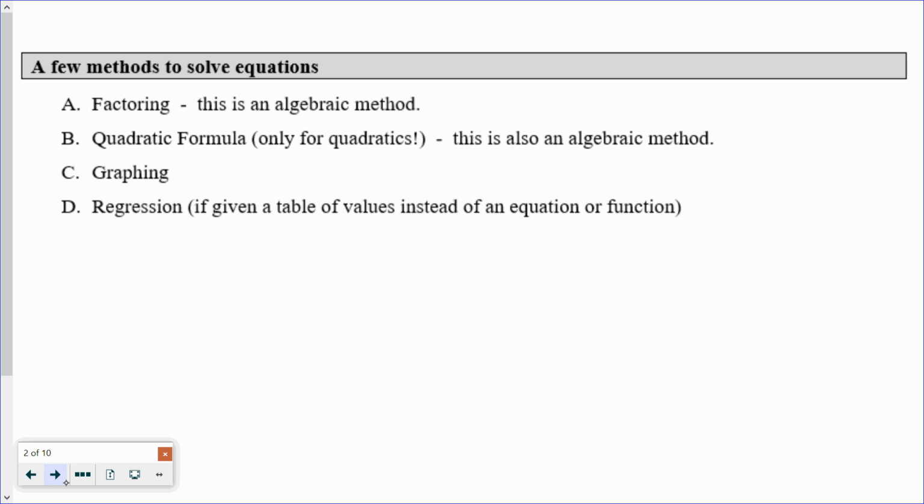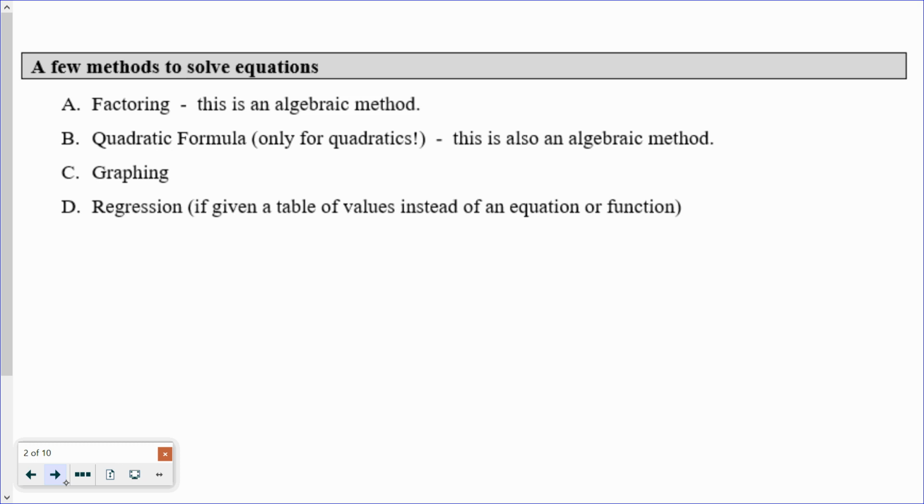We have a few ways that we can solve equations. The last one is doing a regression, and again, that'll be the next lesson. But today we'll look over all the ones that we did last year for quadratics. So factoring is an algebraic method. You can factor it and determine what values make those factors equal to 0.